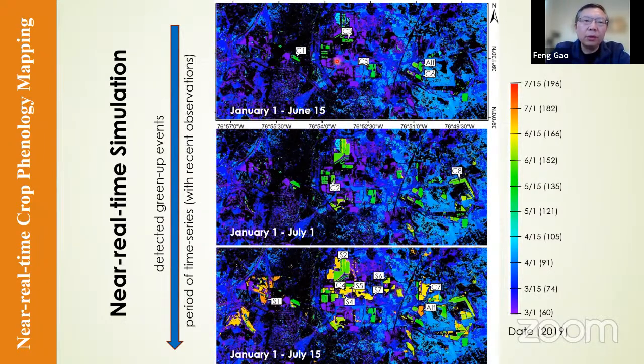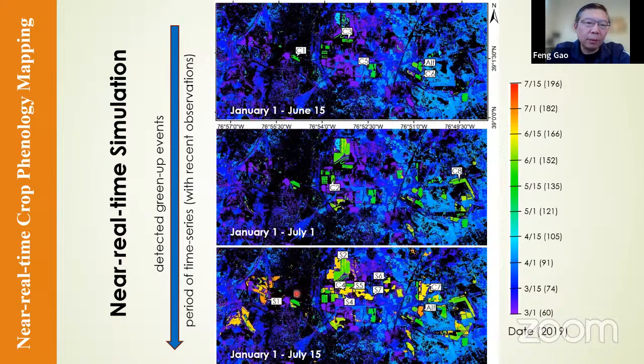For the first figure, that's the only data we have until June 15. We can detect 1, 2, 3, 4, 5 fields' growing-up dates. Once we get the additional half month of data, we detect two additional corn fields' growing-up dates. And until July 15, we can identify emergence or growing-up dates for almost all the fields in our area.